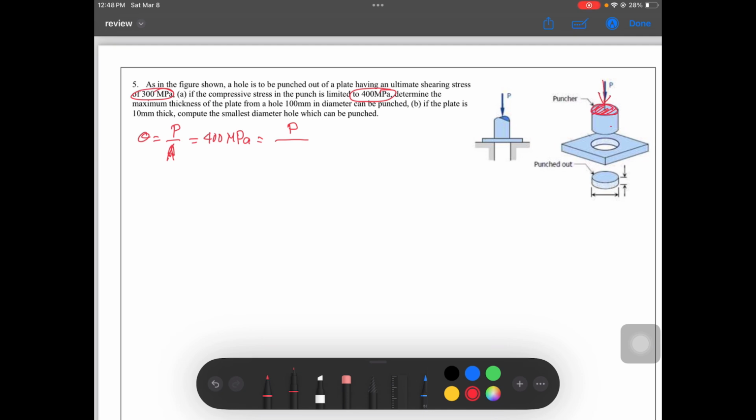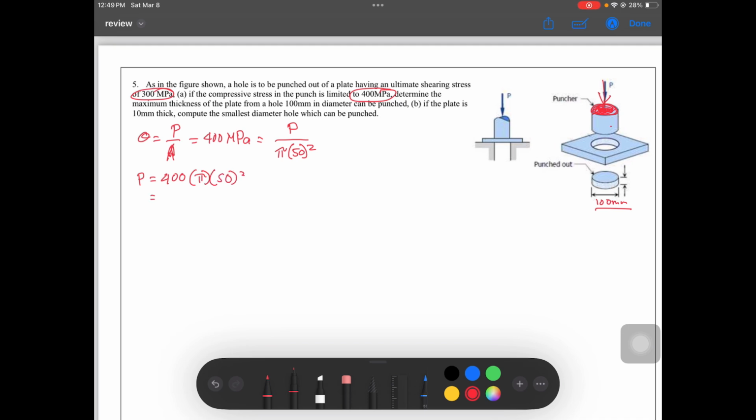So, ano ang area nito? This is our compressive area. So, since given ang 100 dito, 100 mm, makukuha natin ang area na yan. So, it is pi r squared. So, diameter to. So, 50 ang radius squared. So, our P, computing this one. So, 400 times pi times 50 squared.